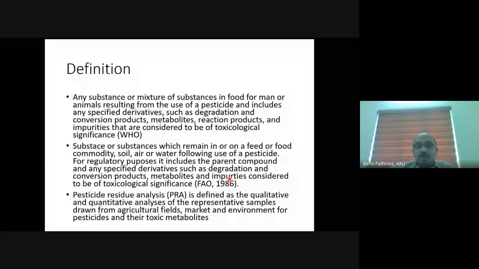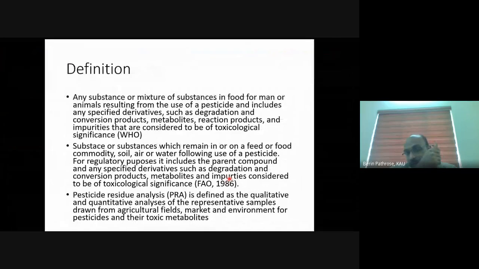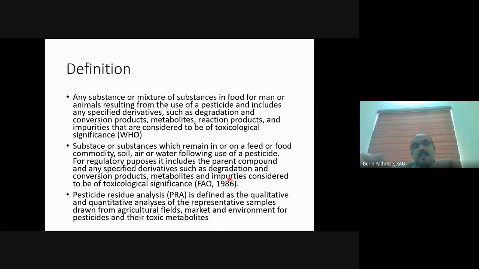So you have to analyze malathion residues as well as malaoxon residues, and sum the residues of malathion and malaoxon. Then only you can report the value of residue from malathion, because malaoxon is another toxic compound, and its presence is due to the use of malathion.